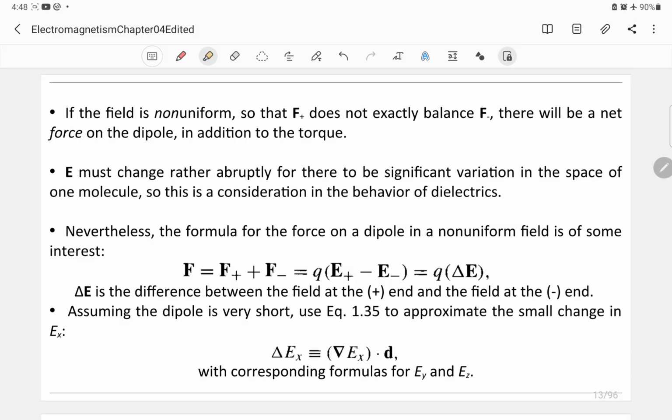So if the field is non-uniform, so that F plus, the force acting on the concentration of positive charges, and the force acting on the concentration of negative charges do not balance exactly, there will be a net force on the dipole in addition to the torque.